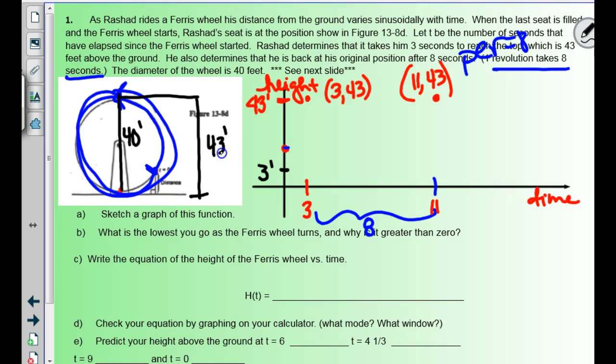So if the lowest he was 3 and the highest he was is 43, what are we going to do to find the amplitude or the midline, either one?